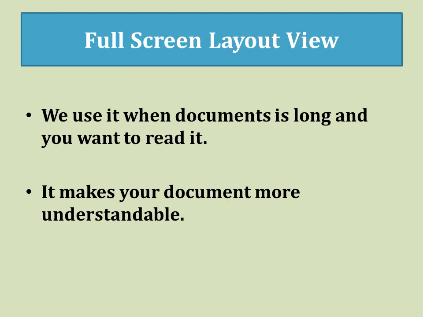Because when you apply the full screen layout view, the document appears on the whole screen of your computer, and all the buttons of Microsoft Word are hidden. When it appears on the whole screen, it becomes more understandable and easier for you to read your document.